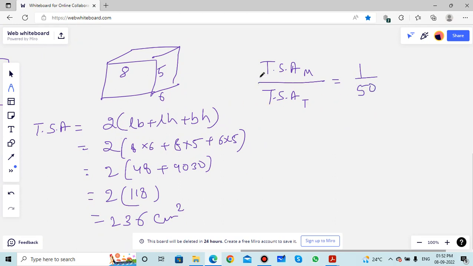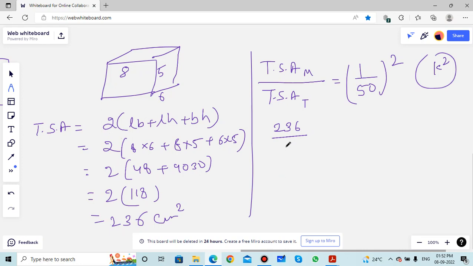But remember, this is an area, so it should be K square, not K. So the total surface area of the model is 236. 236 upon the total surface area of the tank is equal to 1 upon 50 into 50.